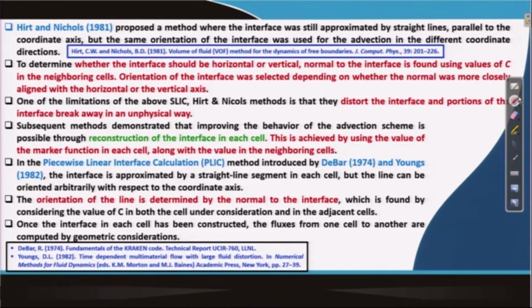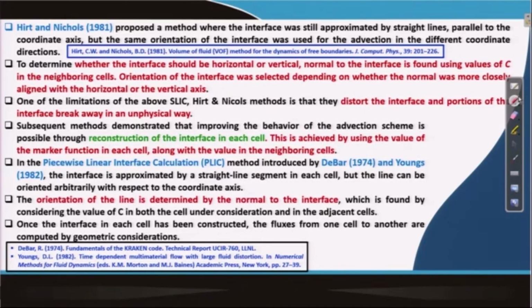So, you can imagine in a multi-dimensional problem, if it is oriented along y, then it is easier to calculate fluxes along x. If it is oriented along x, then it is easier to calculate fluxes along y, and so on. So, the SLIC scheme used different orientations when they did the time splitting and calculation of fluxes along x or y directions.